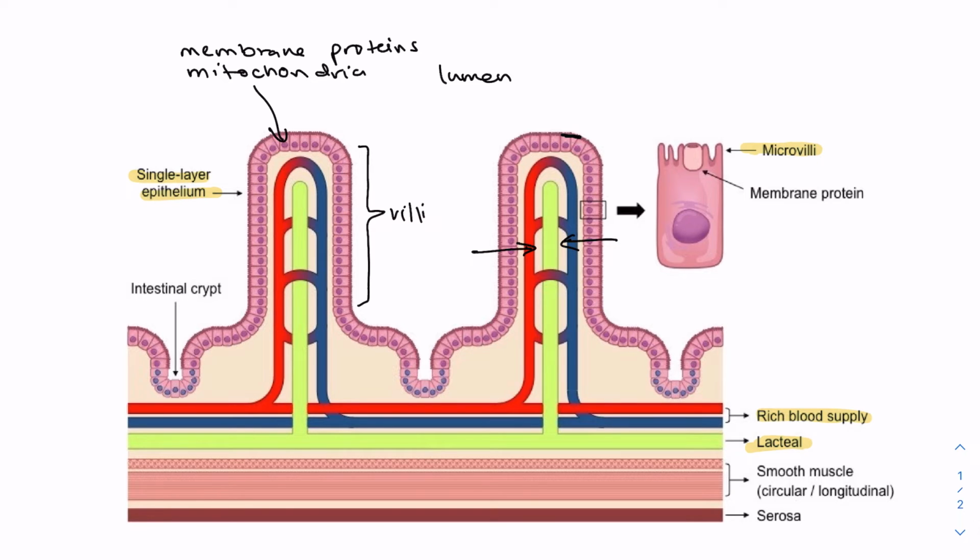I'll get into this in a little bit more detail in a minute. They also have tight junctions, which ensure one-way movement. Basically, they make sure that the nutrients from the bloodstream don't move back into the lumen of the small intestine, because this is counterproductive, right? Obviously, we want to absorb the nutrients into the bloodstream, not vice versa.